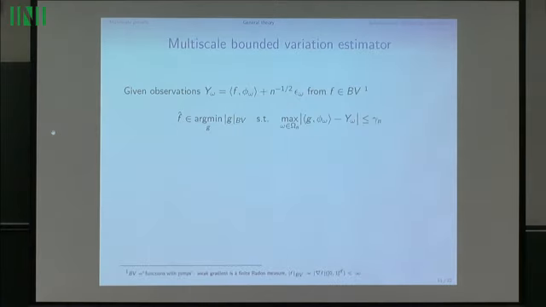Now, in this more precise model, given these observations, the estimator I'm considering is this one. So now I'm putting the notation at this right. I said that the true regression function is of bounded variation, meaning, well, functions with jumps. The proper definition is that the weak derivative or the weak gradient of the function is a finite Radon measure, and the total mass of this measure is denoted by this f_BV.